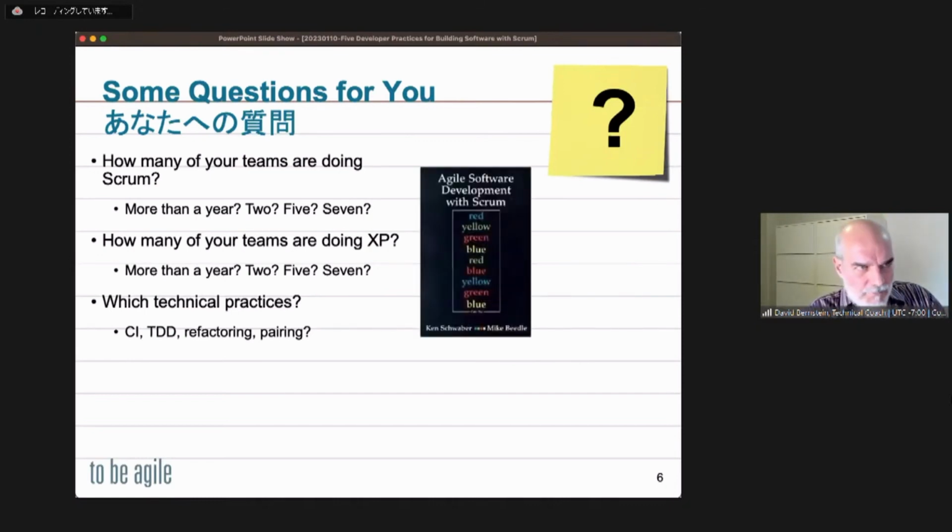Then I show people this book. This is the book that really made Scrum popular. It's called Agile Software Development with Scrum by Mike Beedle and Ken Schwaber. And I want to just read to you the last 2 sentences of the description of the book. It's printed on the back of the book.